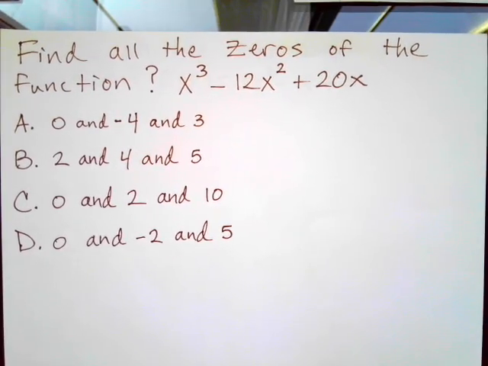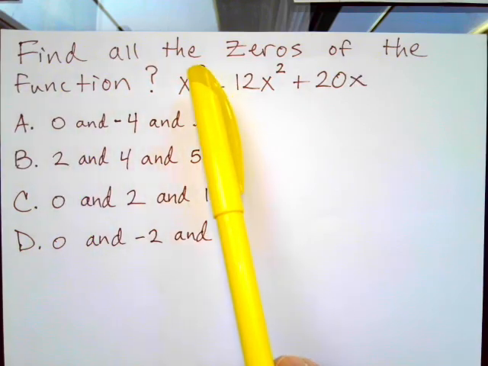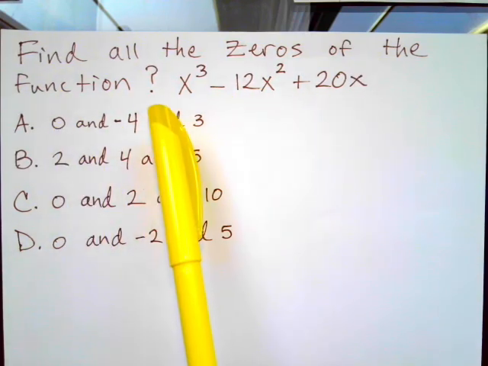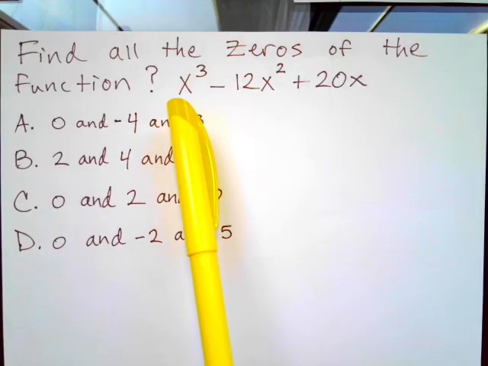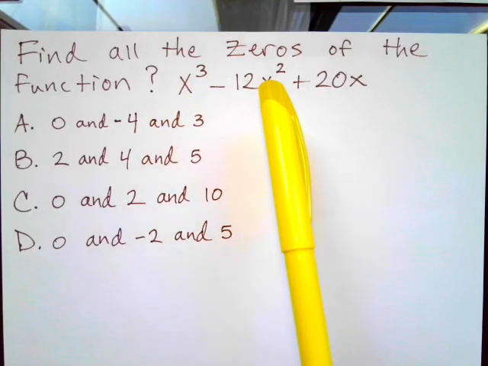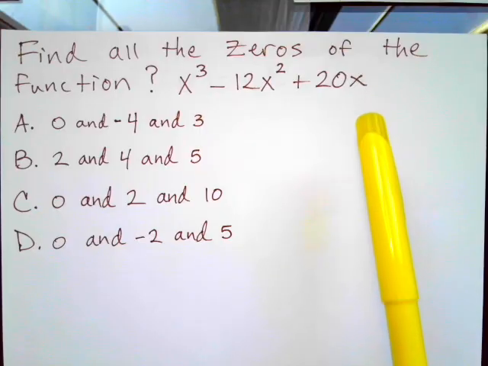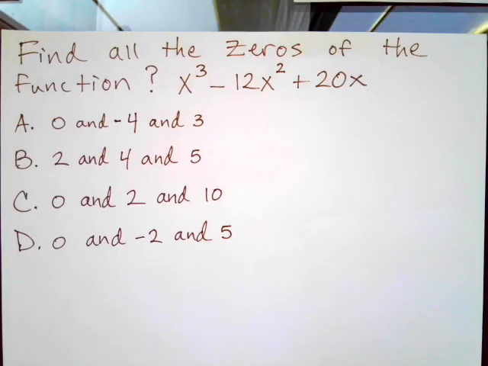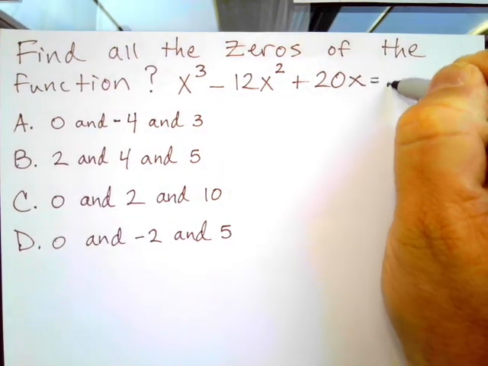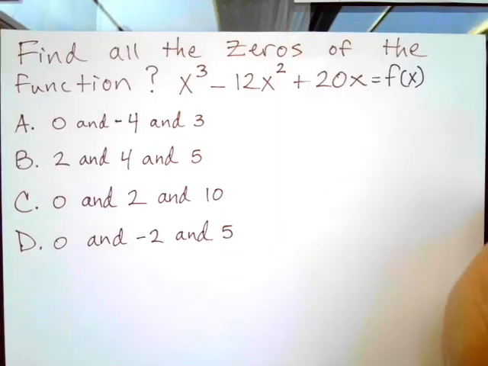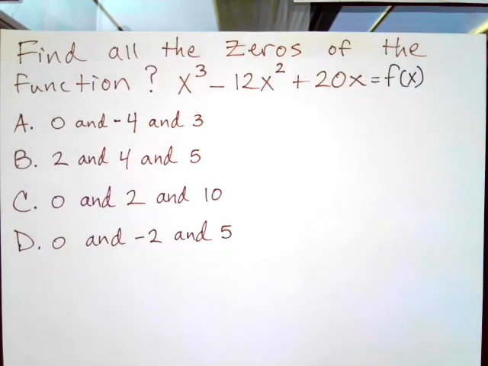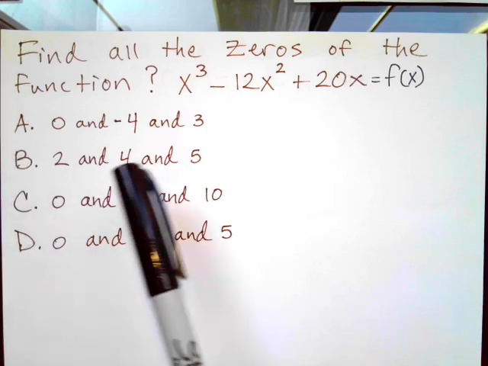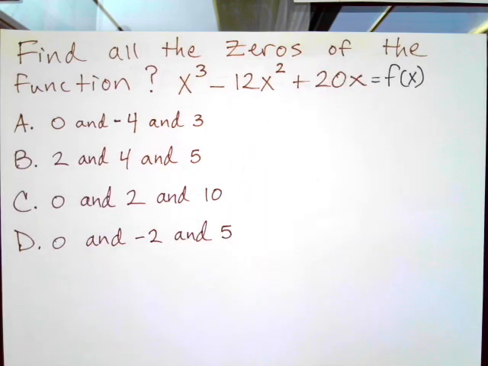All right, here's a third question. Find all the zeros of the function expression x cubed minus 12x squared plus 20x. So technically, we're going to set this equal. If it's a function, you need to have it equal to the function of x in this case, and we'll be turning that into 0 in order to find all zeros that work for this particular problem.